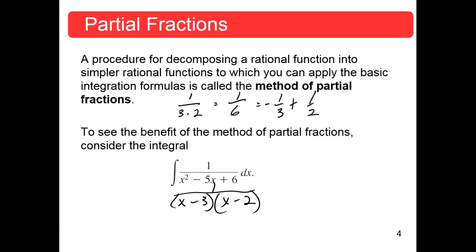So here's what we're going to do. Let's say this is some a over x minus 3 plus b over x minus 2. Now, do you want to go up and do the 1/6 that way too, just to see how it works? Because we know what the answer is going to be.